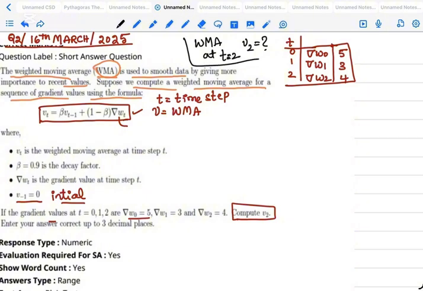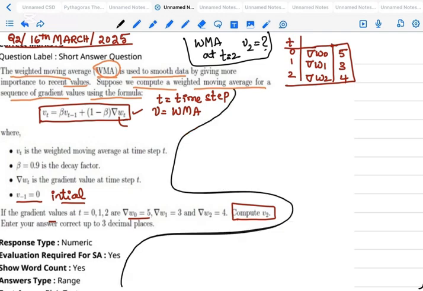They are asking to calculate using this formula with t equals 2. That is V2 equals beta times V2 minus 1 plus 1 minus beta times delta W2.